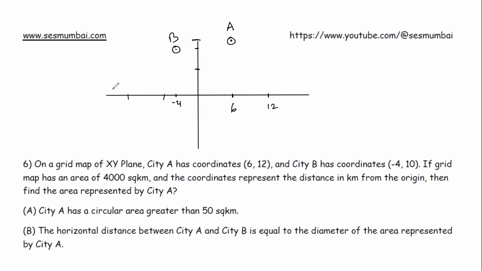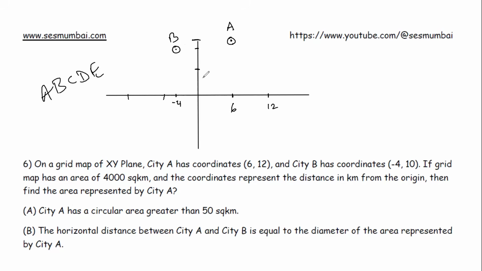If the grid map has an area of 4,000 square kilometers and the coordinates represent the distance in kilometers from the origin, meaning these coordinates are in kilometers, then find the area represented by city A. So A, B, C, D, E. Statement A: city A has a circular area greater than 50.